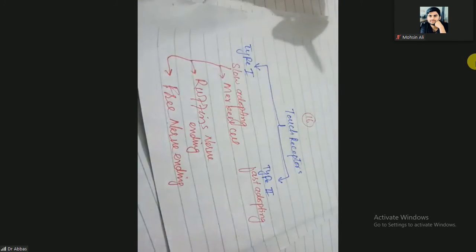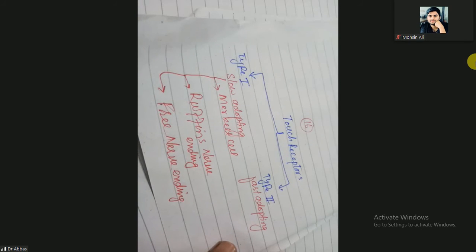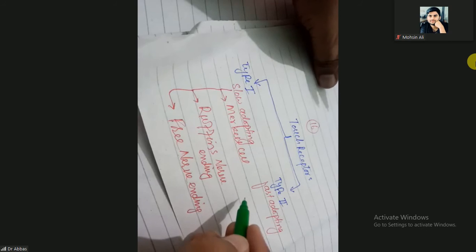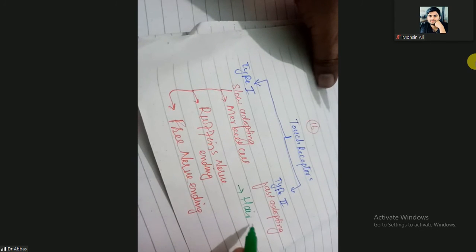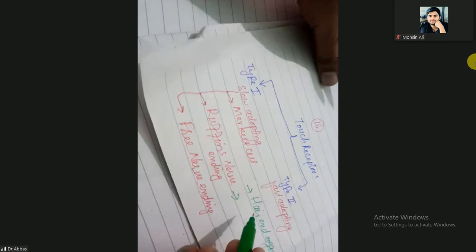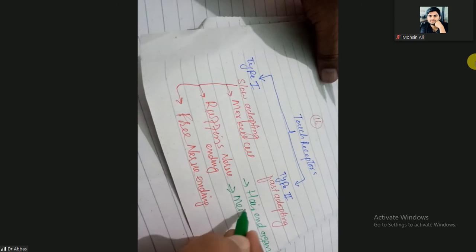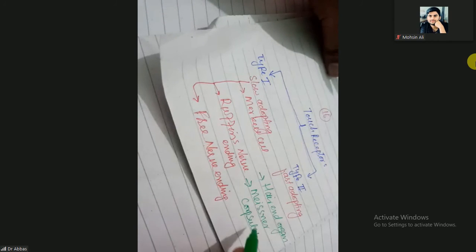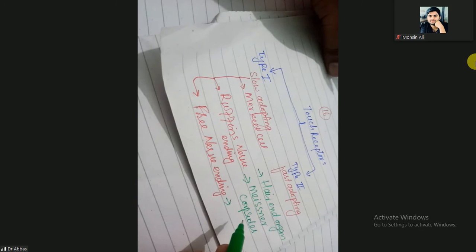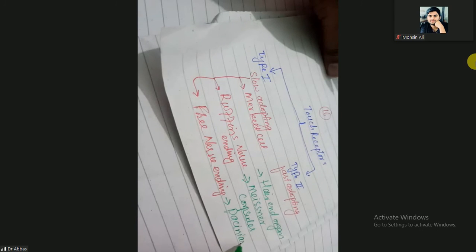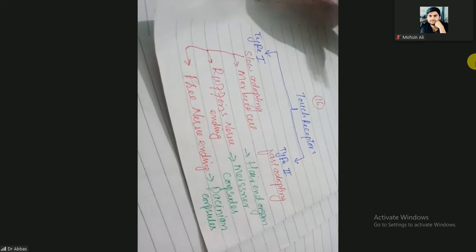And what are the examples of the rapid or fast adopting touch receptors? These are the hair end organs, the Meissner corpuscles, and also the Pacinian corpuscles.